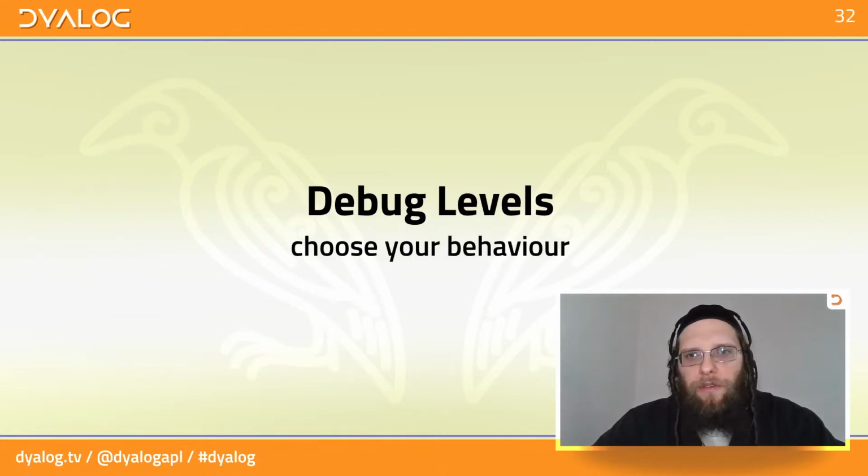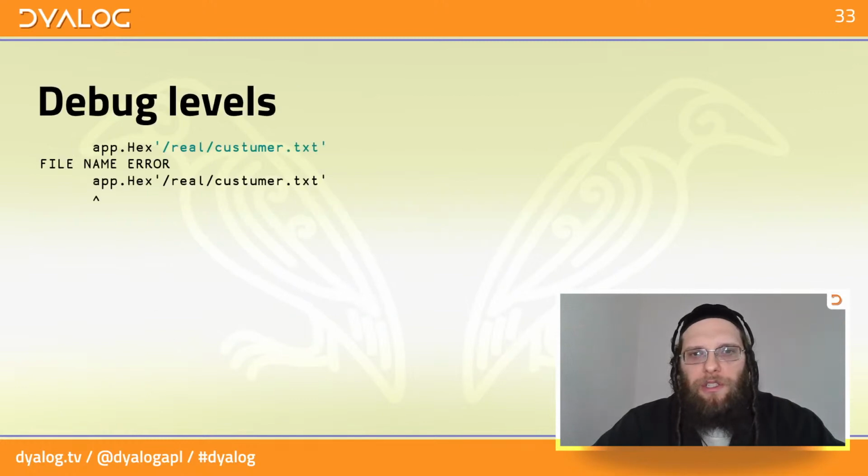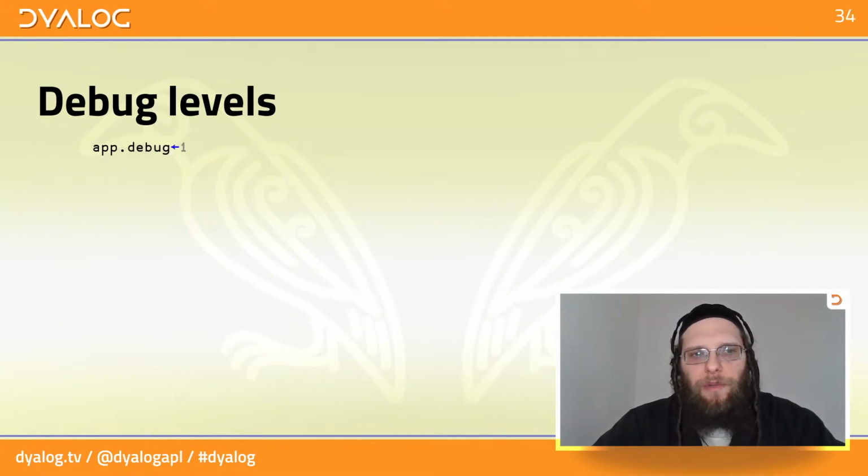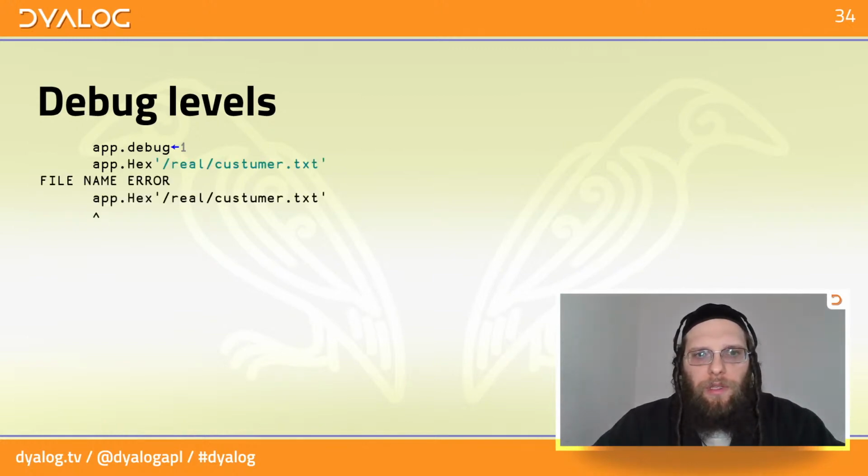So now we have our debug levels. Let's see how this actually looks. In the normal circumstances, we have the inner trap catching the bad file name, and the outer trap catches our quad.io mistake. If we set the debugging level to 1, then we give the bad file name.